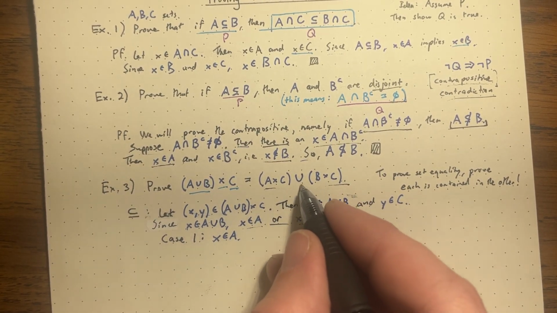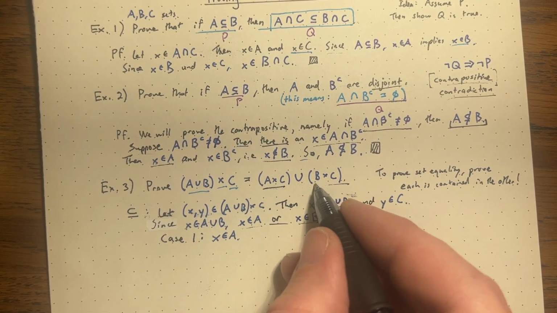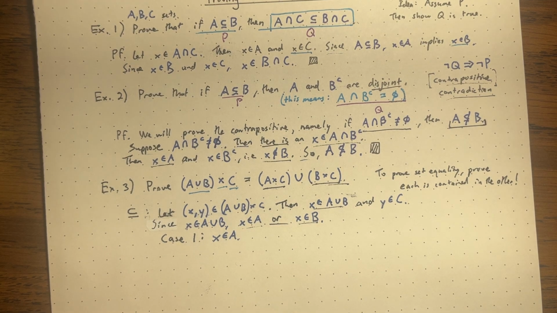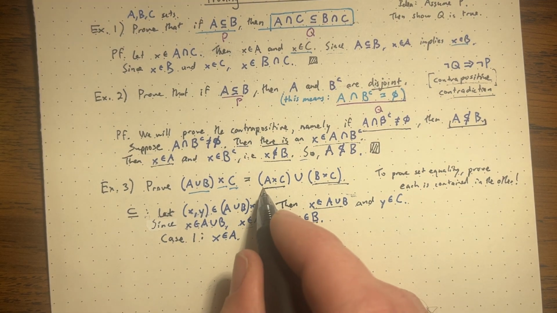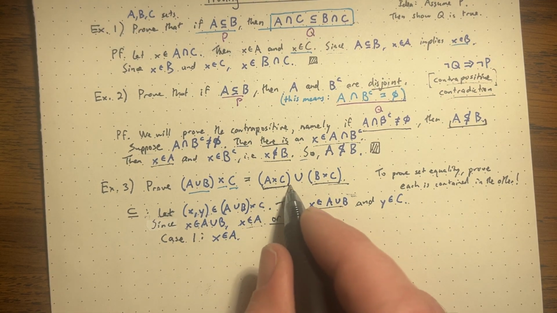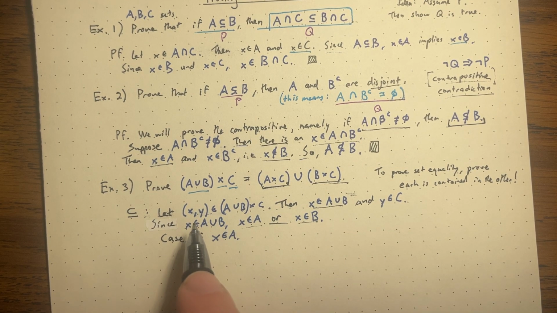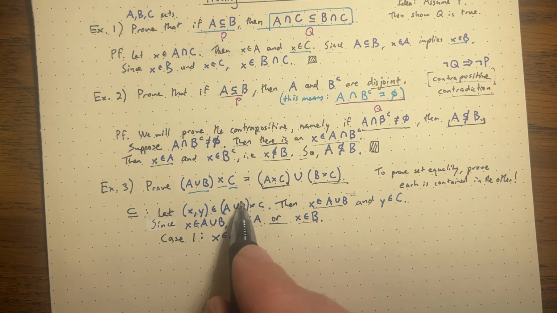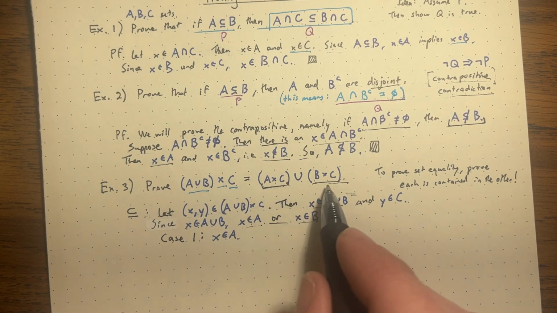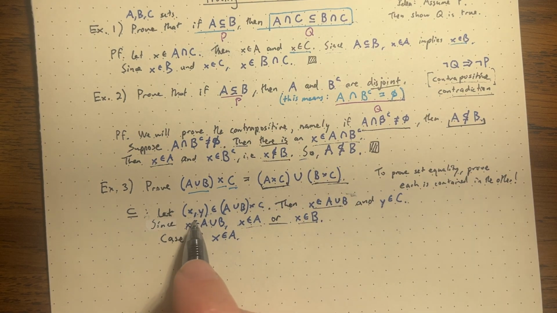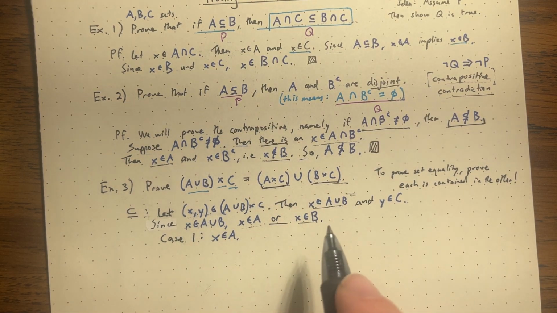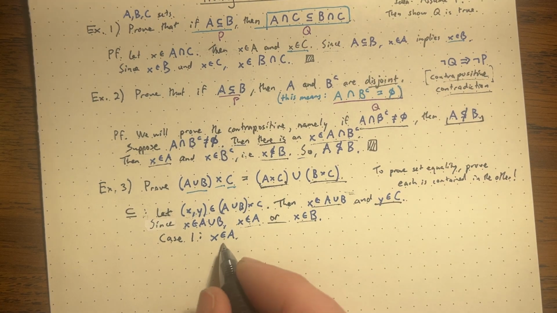How would we prove something is in the union? Well, we need to show it's either in here or here. And because X is in A, I think we'll have better luck showing it's in here. Sorry, we want to show X comma Y is in here, the products. But Y is in C, right? And X is in A.